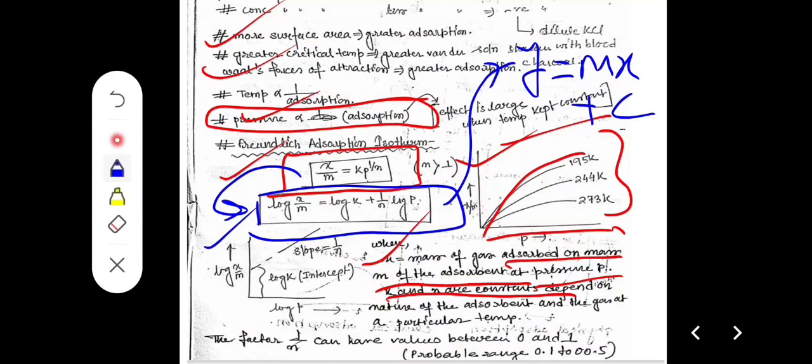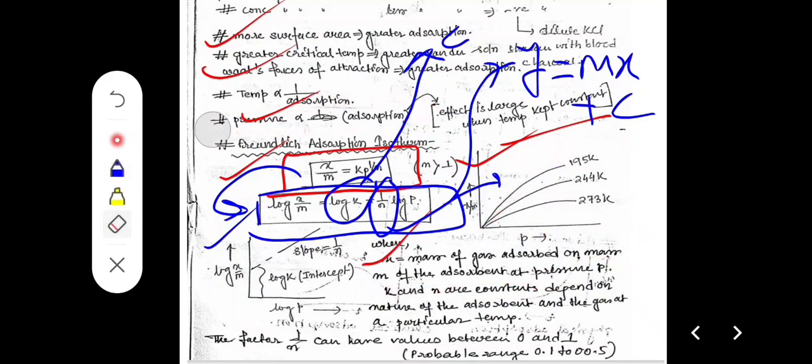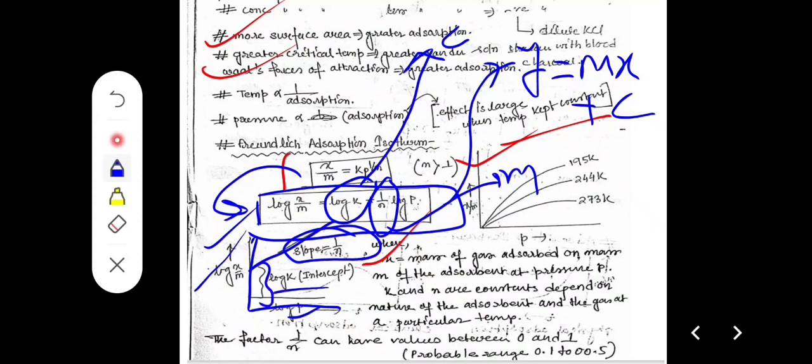So we can say 1 by n is the slope m, and log k is the intercept c. So plotting log x by m versus log p, we get a slope of 1 by n and an intercept of log k.